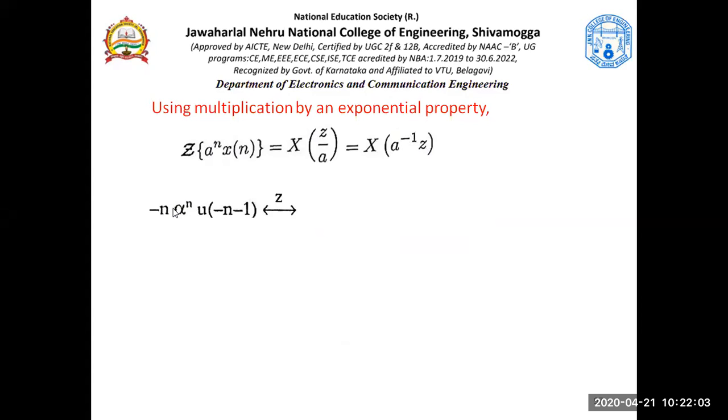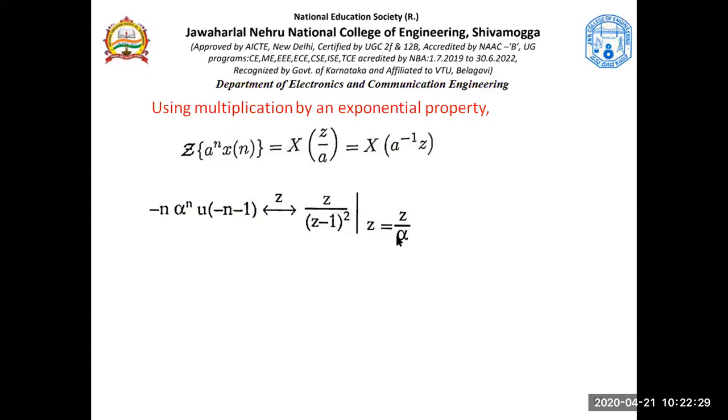So what would happen in the z domain? Whatever we had in the z domain earlier, z by (z minus 1) whole square, needs to be changed. We have replaced z by z by alpha.